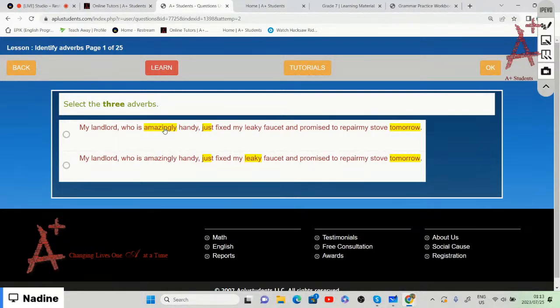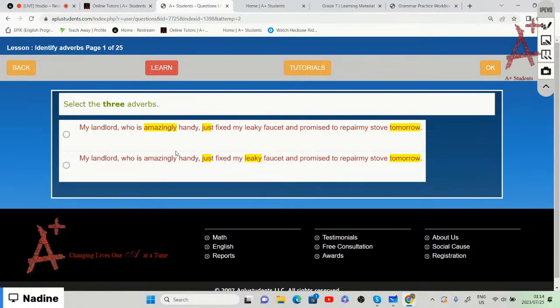My landlord, who is amazingly handy, just fixed my leaky faucet and promised to repair my stove tomorrow. So the first option: the three words that have been identified are amazingly, just, and tomorrow.